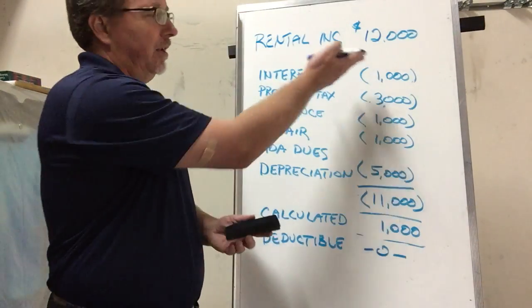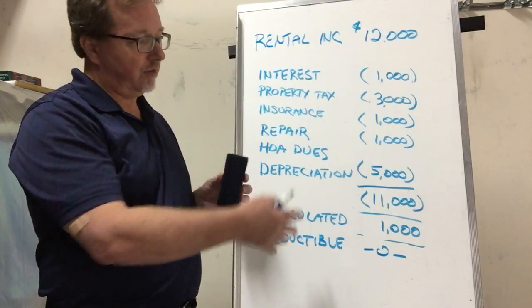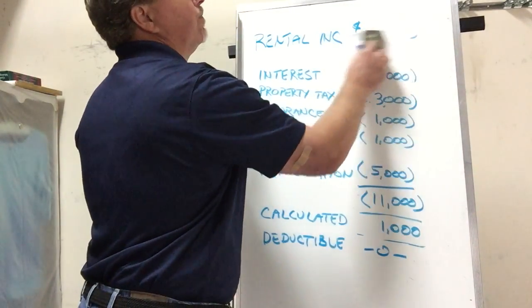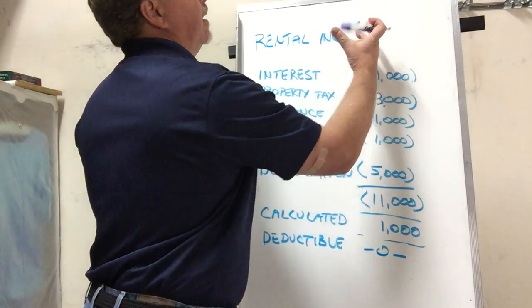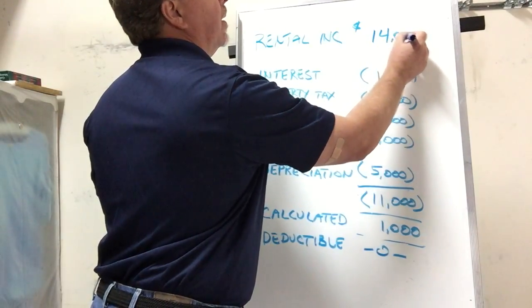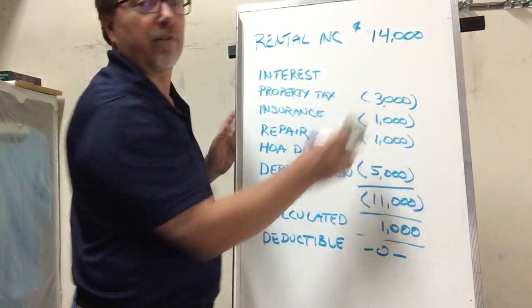And depending upon what your expenses are, you may add to that. Or if you're starting to make a profit, let's say you raise your rent, and this is now 14 grand. And you've paid off your mortgage, so this is gone. This is like year 4 now.